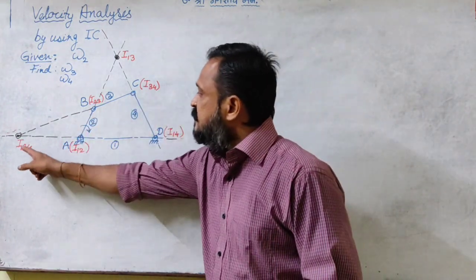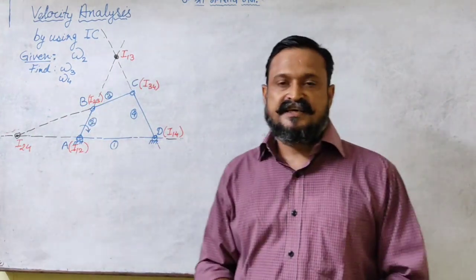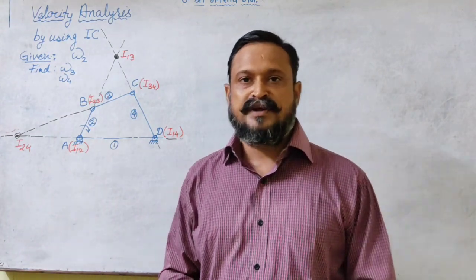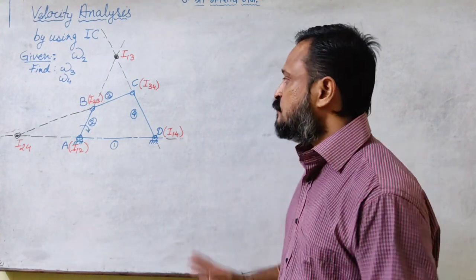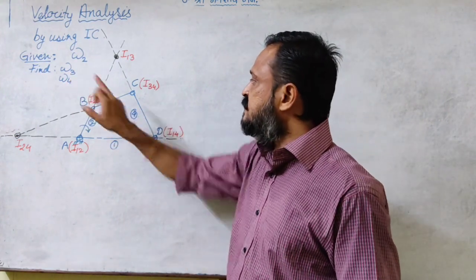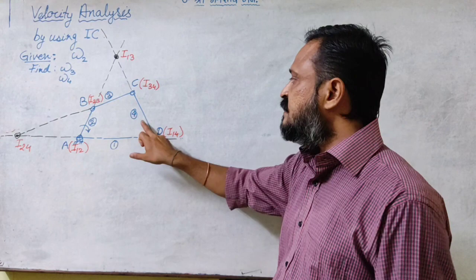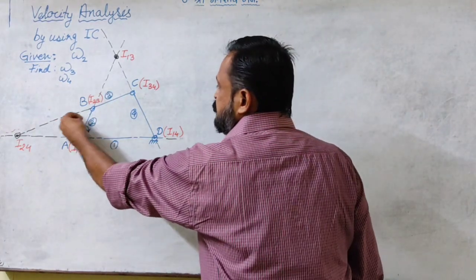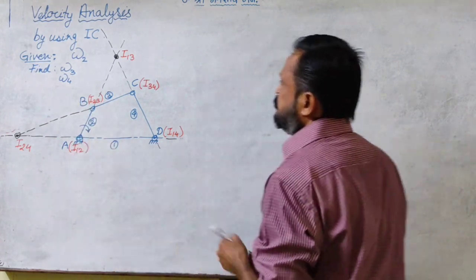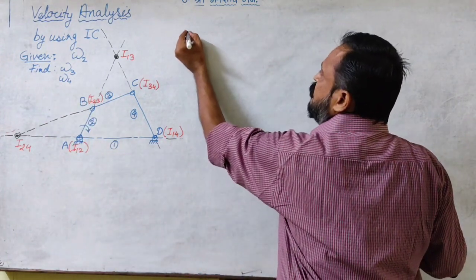So we have located all the 6 instantaneous centers, and now we are going to use those instantaneous centers to determine omega 3, that is the angular velocity of link 3, and the angular velocity of link 4. Now let us see here, when this is rotating clockwise, what will be the velocity of B?